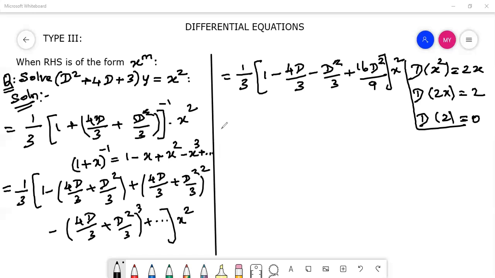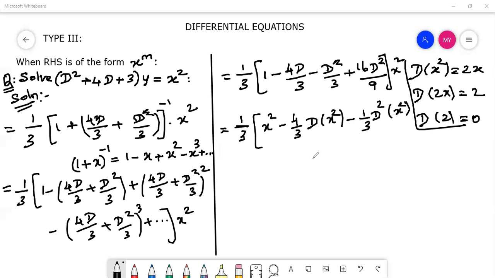And then equals, now you have to bring this D² inside. So now 1 times x² is what? x² minus 4/3 D of x². Now minus 1/3 D² of x², and then positive 16/9 D² of x².